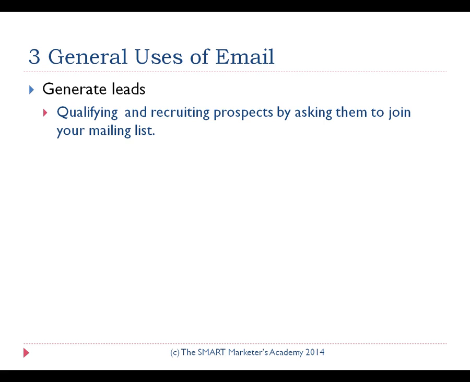If they bite, that means they are a potential prospect. Your irresistible offer is your way of qualifying them to join your list. It will help you convert them from a suspect to a prospect if they decide to join your list.